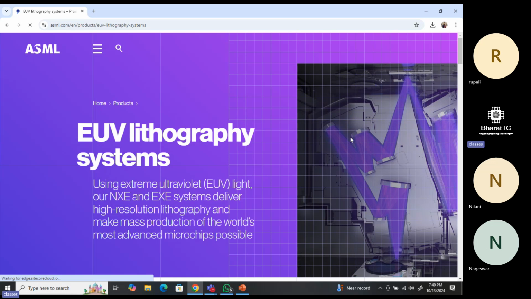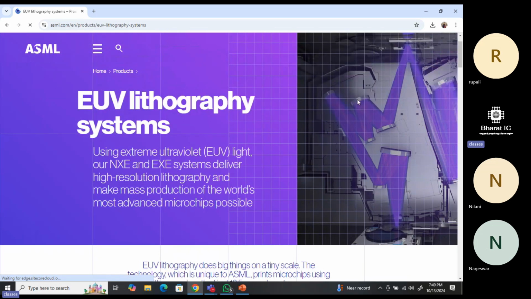If you see this image, you will get to know how the beam of light is coming. The wafer is at this lower level, and the light comes from the originating source and is reflected via multiple mirrors at different angles, falling on this wafer. This is how the internal structure of the lithography machine looks.